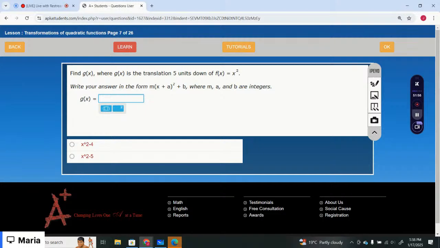Find g of x where g of x is translation 5 units down. That is x squared minus 5. Option number 2 is the correct option.